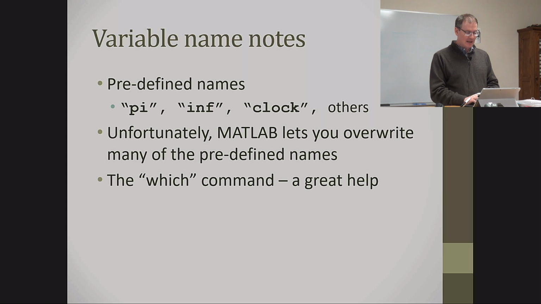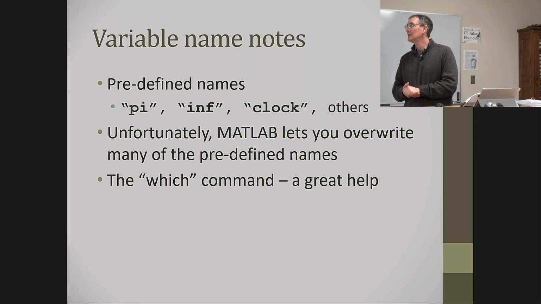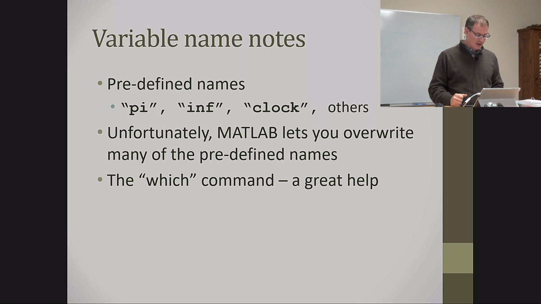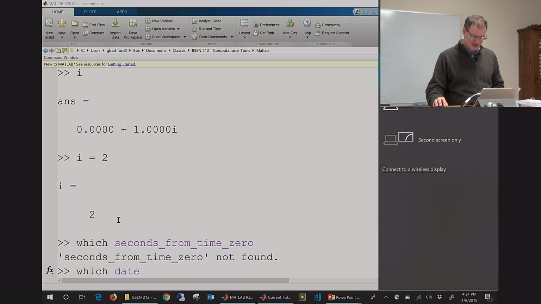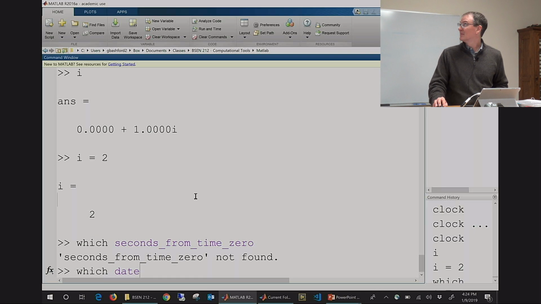But what if I thought about a variable name which was supposed to store the date of something? Okay, so I typed which seconds from time 0. Can't find it. What if I was like date?